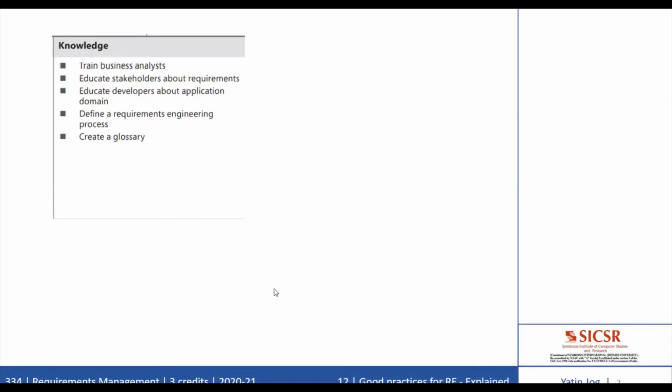This will give them a solid foundation on which to build through their own experiences and advanced training. In addition to having an extensive toolkit of techniques, the skilled analyst is patient and well organized, has effective interpersonal and communication skills, and also understands the application domain.